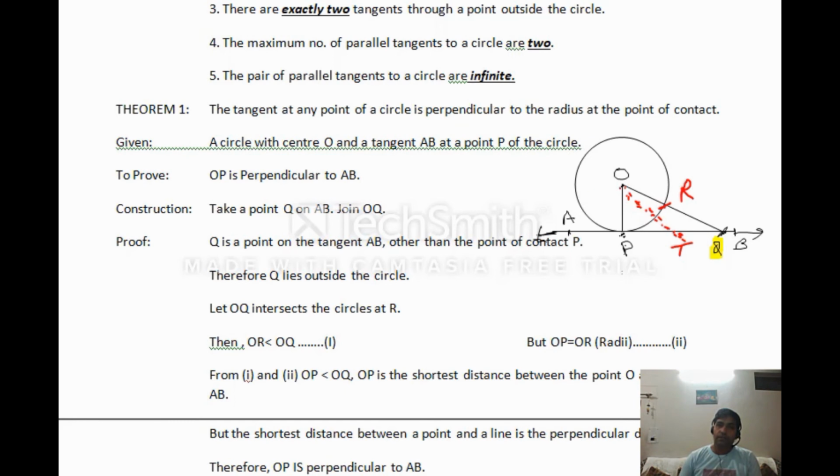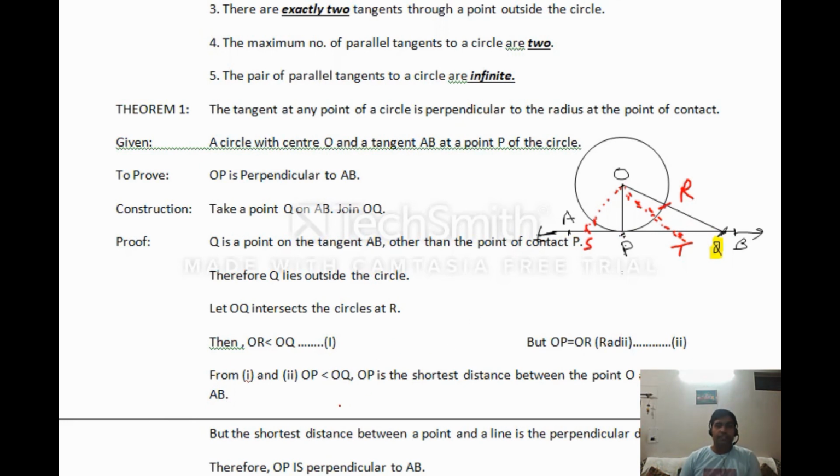If you take some other point on this side, say S, you can see that OS is also greater than OP because OS is radius plus something. So OP is smaller than OS. You take any point on this line AB other than P, that distance will be greater than OP.